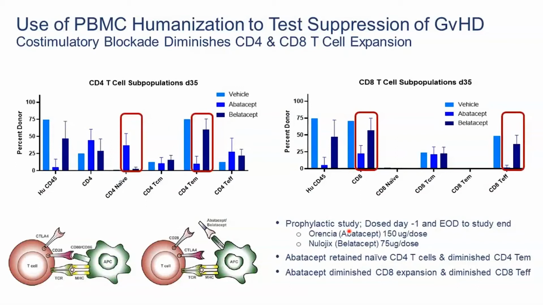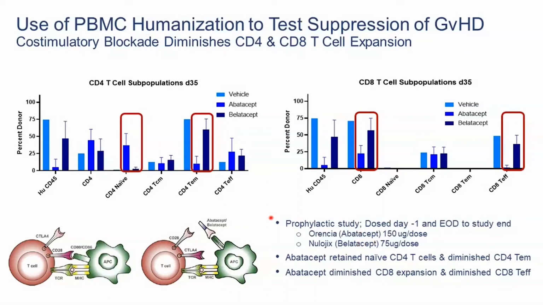Just as a reminder, these are fusion molecules, CTLA fusion molecules that block costimulatory interaction between the T cell and the antigen presenting cell. In this particular study, they were used at 2 different dosages. These molecules do have different binding characteristics, but I do want to point out the differences in doses here as well. And I'm just going to give you a snapshot at the later stage of engraftment.